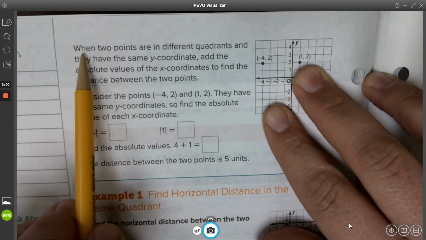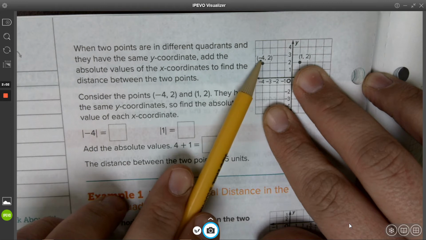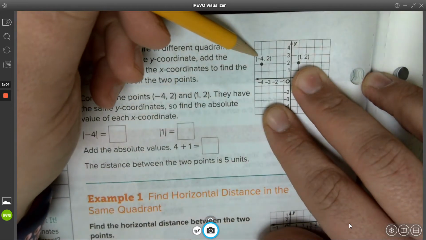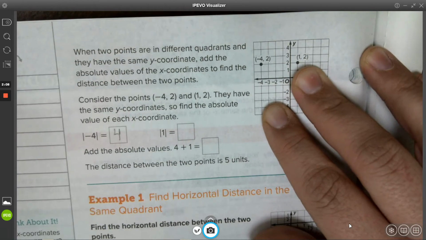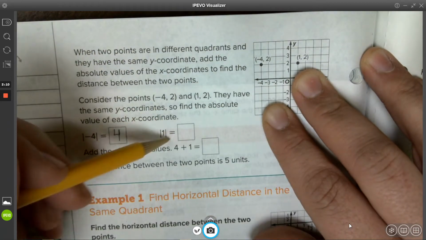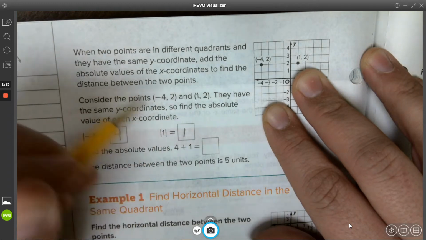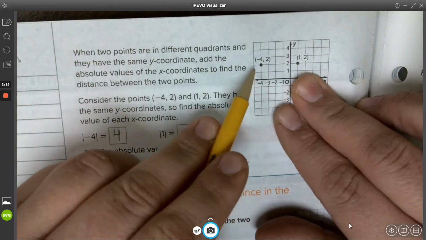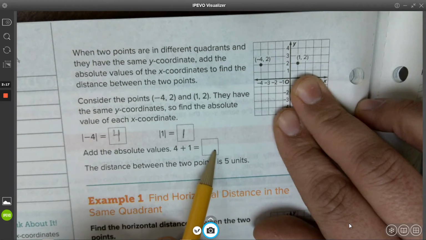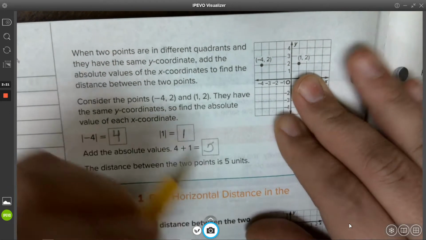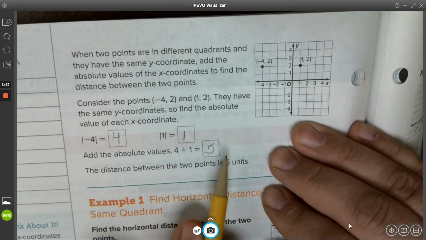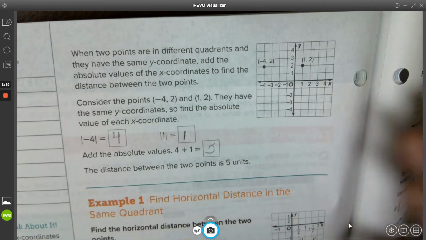So once again, we would find the absolute value of the x coordinates. -4 would have an absolute value of +4. 1 would have an absolute value of 1. And because the signs were different, we have a negative and a positive, we actually add the values. 4 plus 1 is 5. So the distance between these 2 points would be 5 units.